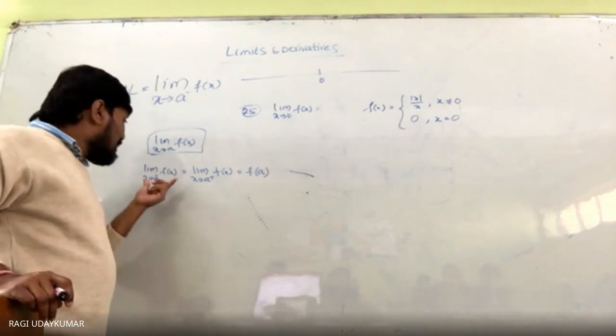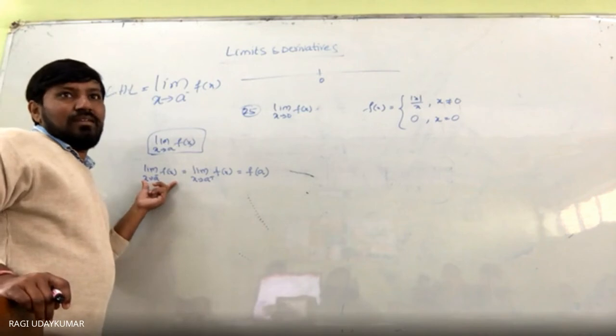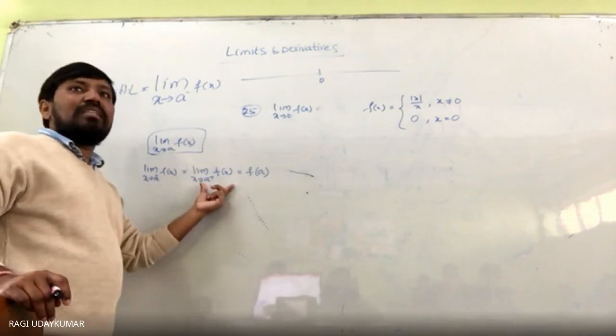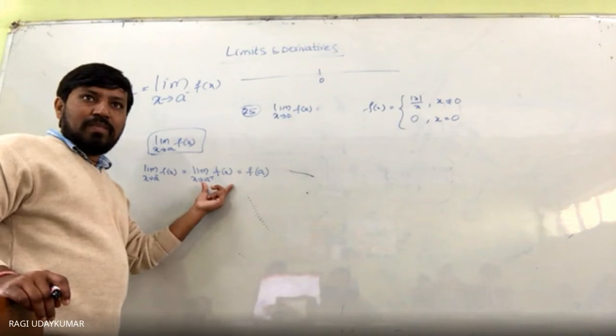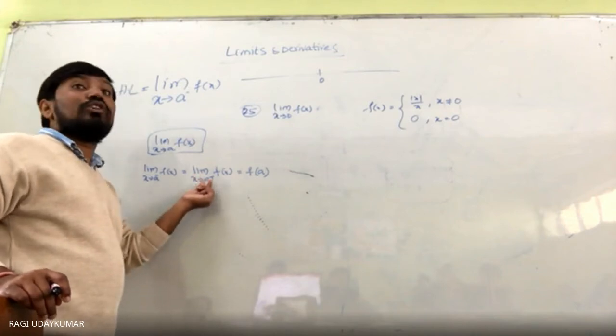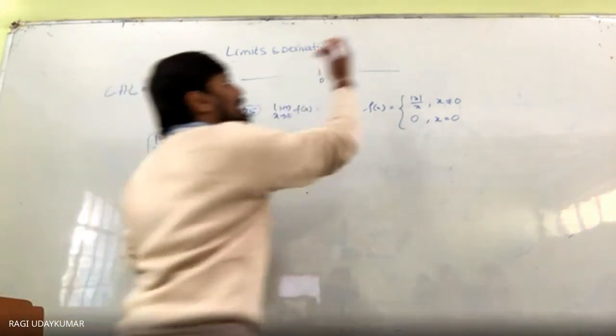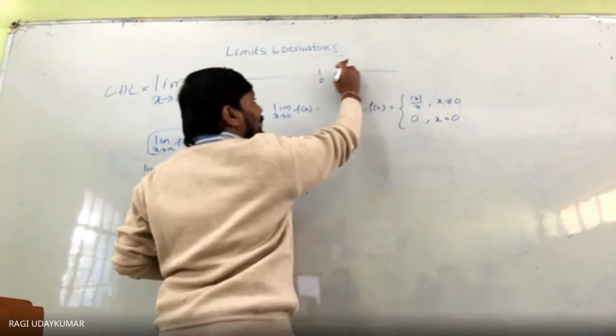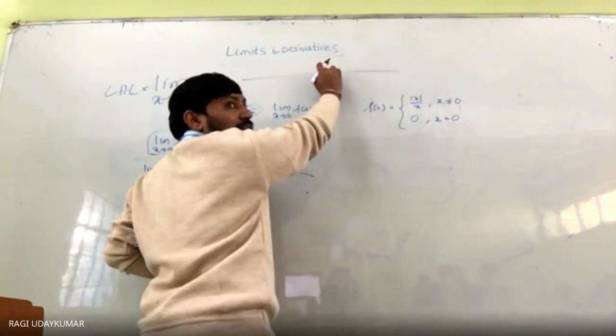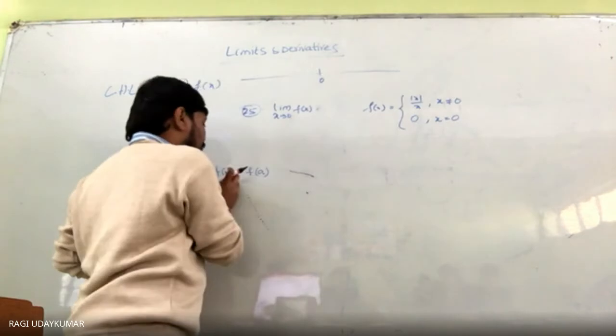So that is represented by this one. And the right side of the particular number a means it is approaching a from this side to this side, the right side. And what is the value of the function?